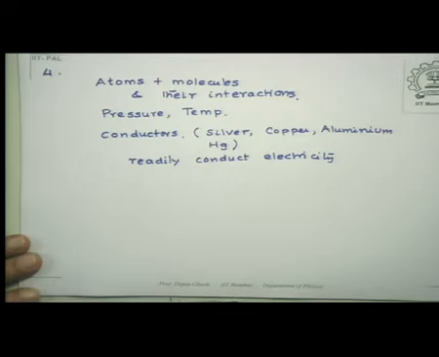So the reason it happens is that the atoms in a conductor have the ability to very easily give up, and when I say very easily, it means with very little cost of energy, one or more valence electrons. And these valence electrons, which are contributed by the atoms which comprise that solid, all belong to the material as a whole and not to that particular atom to which they belonged.